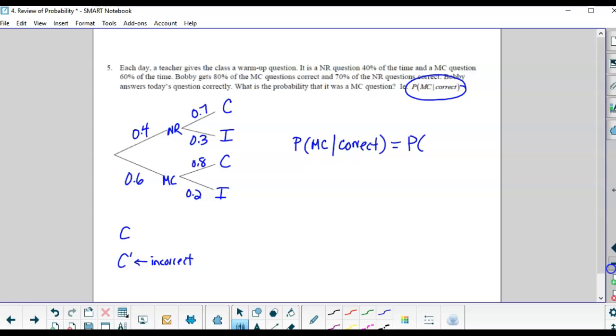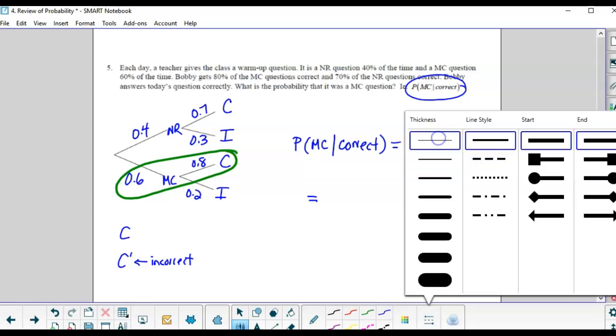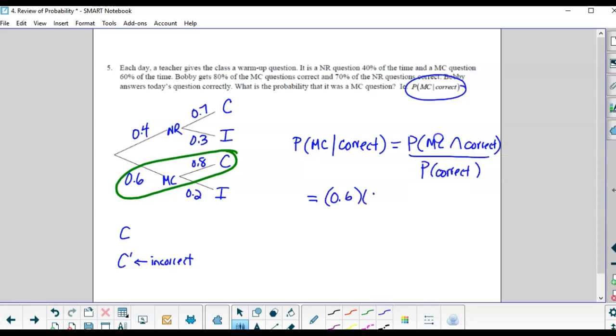Well, that's going to be the probability of multiple choice intersect correct, divided by the probability of being correct. Okay, so multiple choice and correct is this. So that's 0.6 times 0.8.